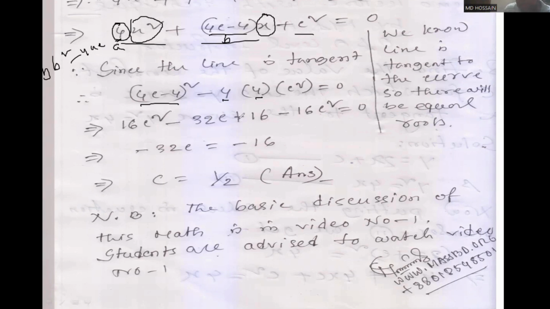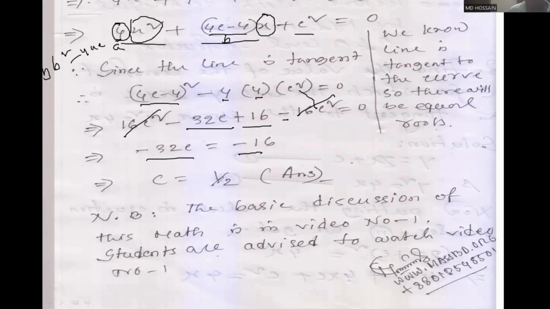Then minus 4 into 4, that is 16, times c squared. So if you make a solution, you will get 16c squared and c squared cancel, and if you transfer the side, then 16 minus 16 is equal to 0.